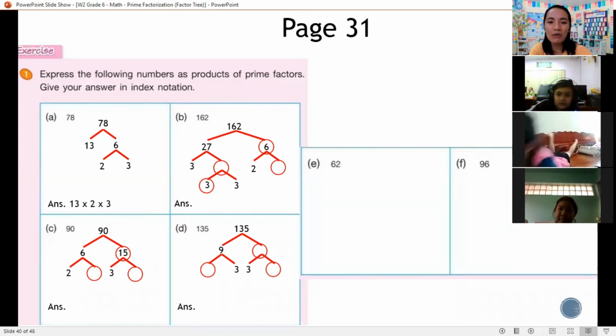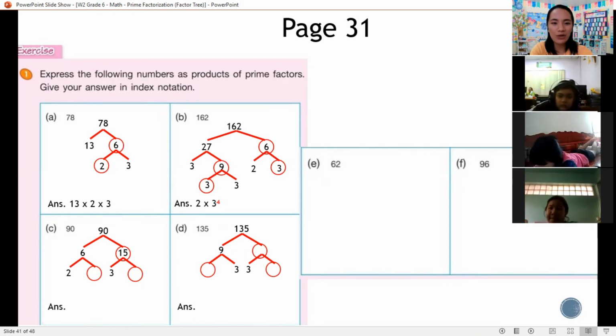Very good. How about the missing number under 6? 3. So the answer must be 2 times 3 raised to the power of 4. Is that your answer? Yes, very good.